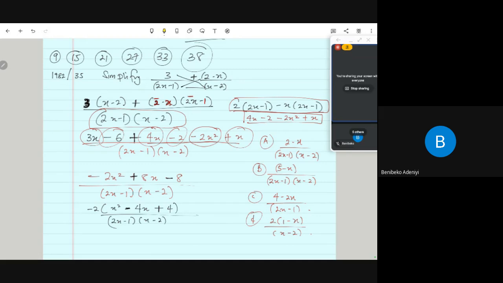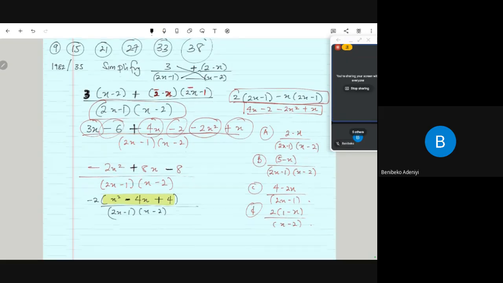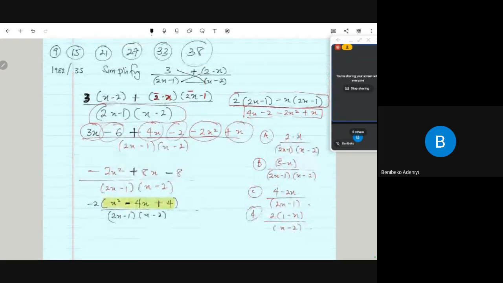Now let's think of a factor for this. Don't forget, I already explained a bit of factorization to you guys. So this one here, put a plus here. This one here, put a times here. We need to know numbers that when you multiply them will give you 4, and when you add will give you minus 4.